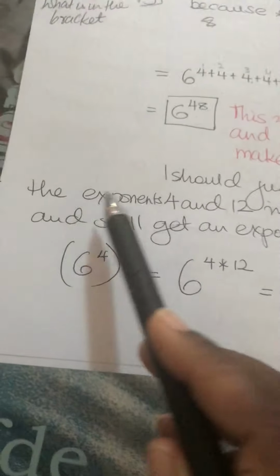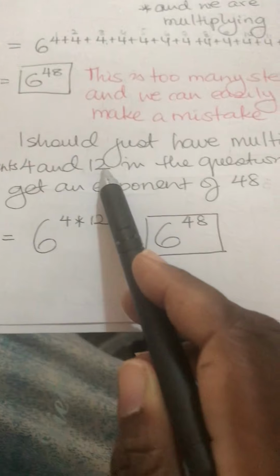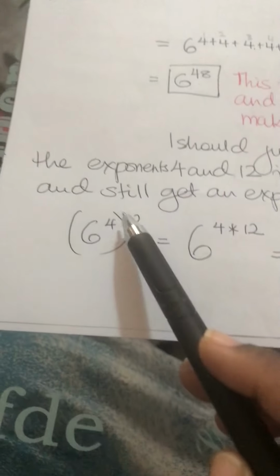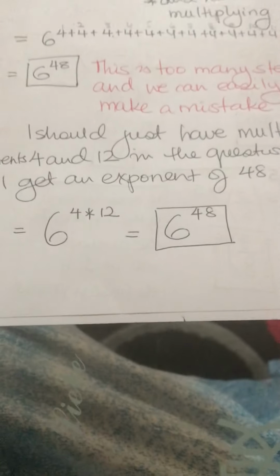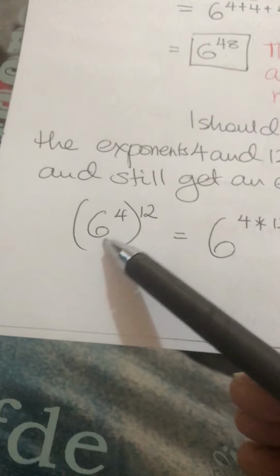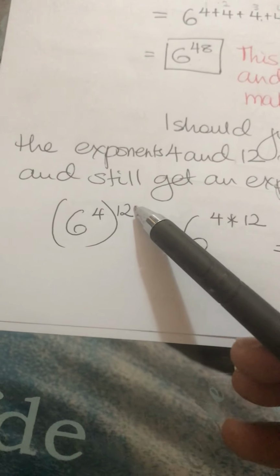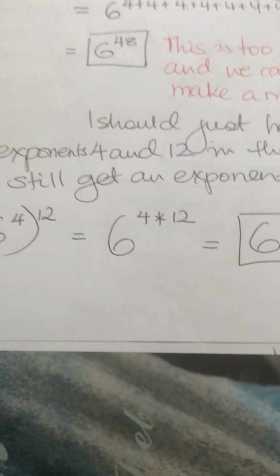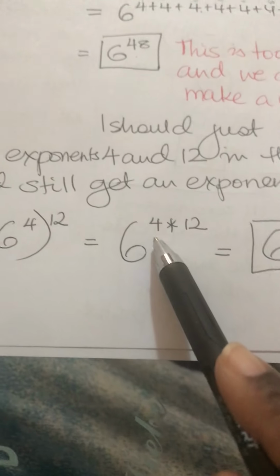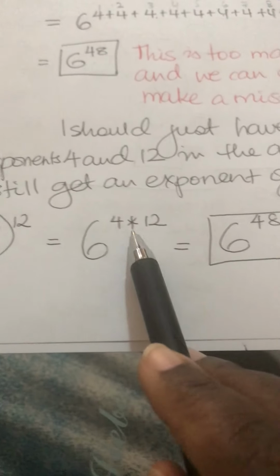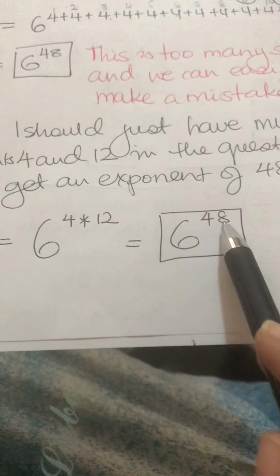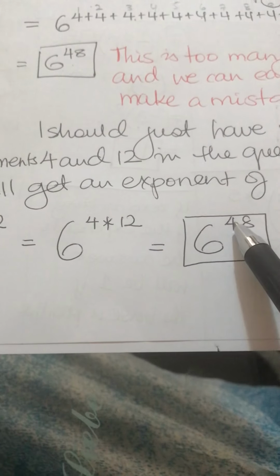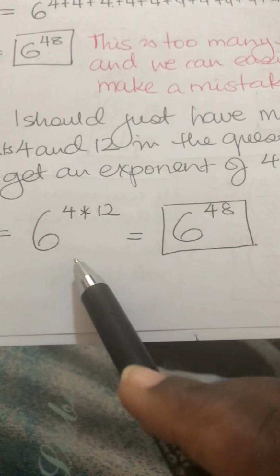I should just have multiplied the exponents, 4 and 12, in the question, and still get the exponent of 48. So this was the question, 6 to the 4th power raised to the 12th power. And then I said just multiply my exponent, which means 4 times 12, and 4 times 12 is 48. So my answer is 6 to the 48th power, and I boxed it.